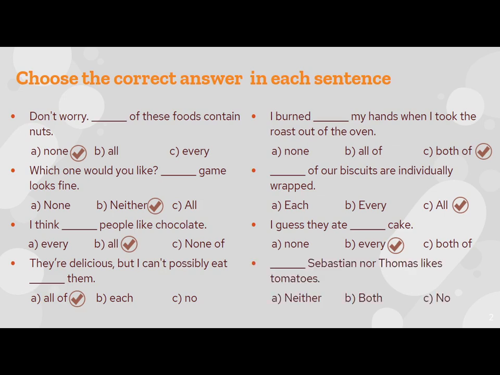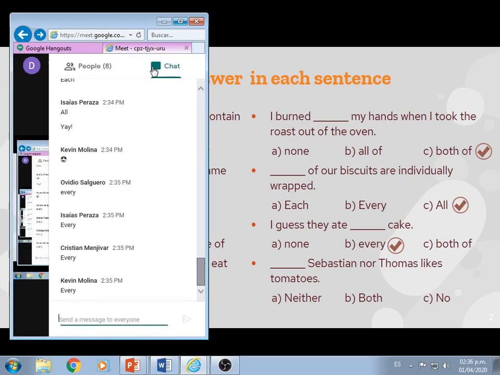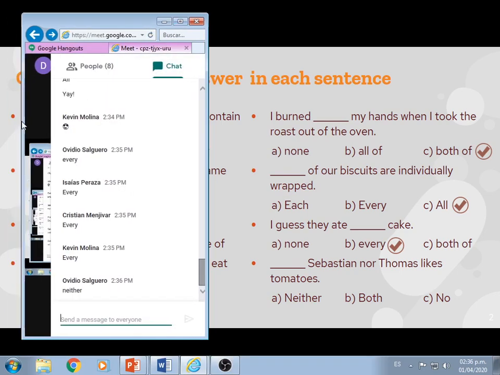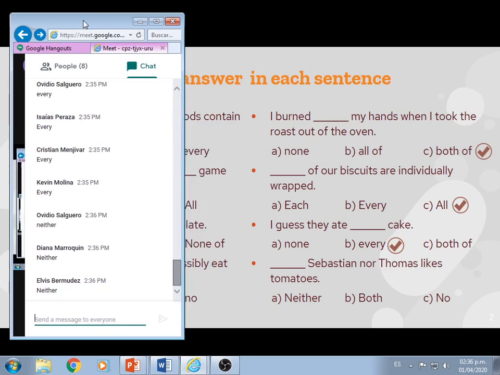Okay. And the last one, guys. We have: Sebastian or Thomas likes tomatoes, and we had the answers neither, both, or no. Okay, so we have Ovidius, Diana, Elvis, Isaias. Perfect, guys.